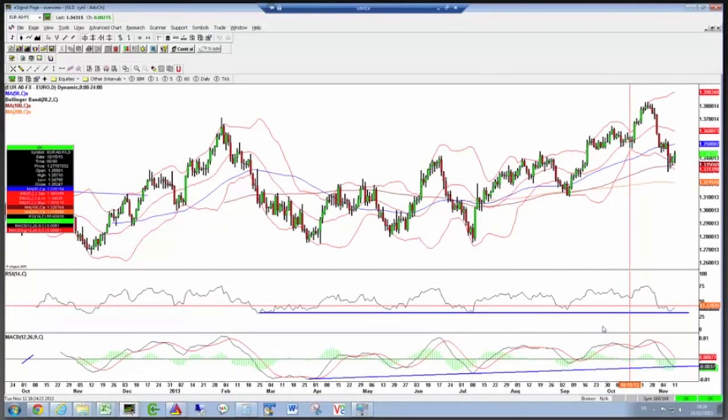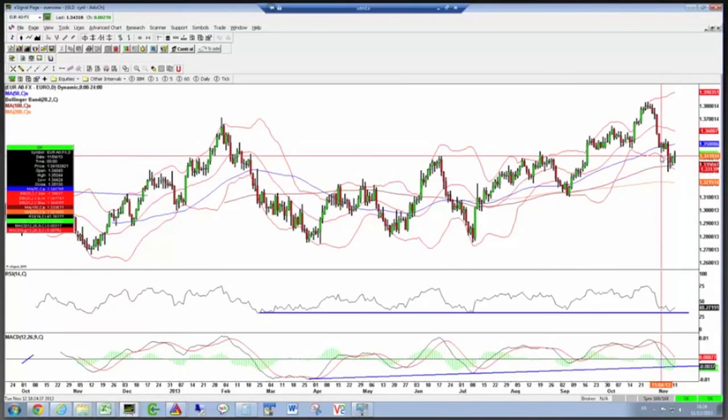The daily MACD is approaching a tentative rising trend line. This is a daily chart of the euro-dollar. You still have the 50-day, the 100-day and the 200-day moving averages, which are still rising. So we still have several bullish arguments on euro-dollar despite the current consolidation.